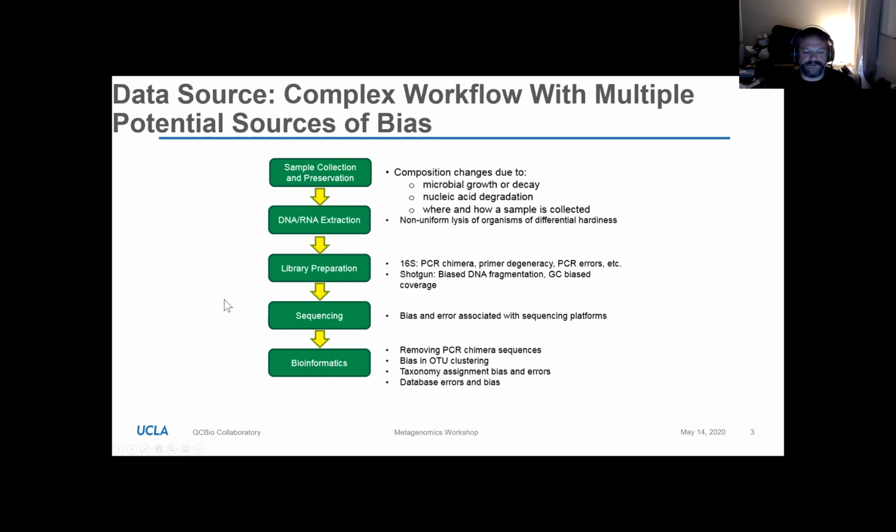Every sequencing platform does have its own little quirks, but most of these things are figured out now, and they're pretty well mathematically modeled, and a lot of times they aren't creating huge amounts of bias, or if they are, the biases are very well understood. And then bioinformatics. As it turns out, bioinformatics for microbiome is still a pretty open field. There's still a lot of things that need to be solved.